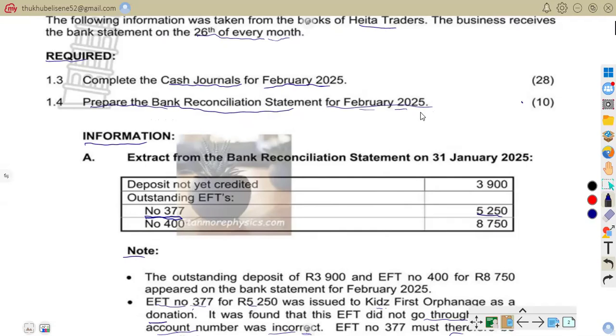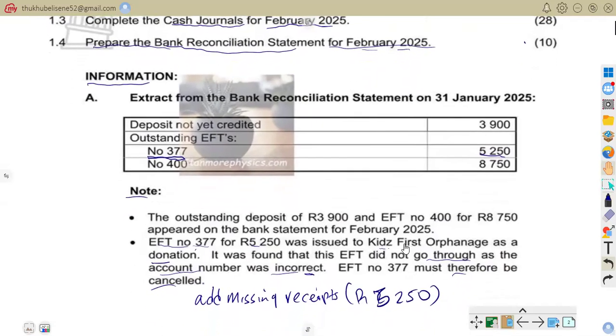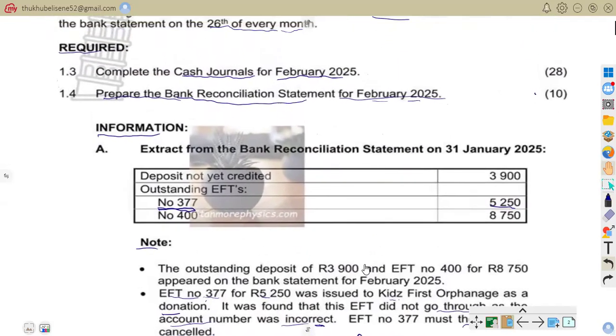So now we are to do bank reconciliation. For us to do bank reconciliation, we are to start with the balance on the bank statement.